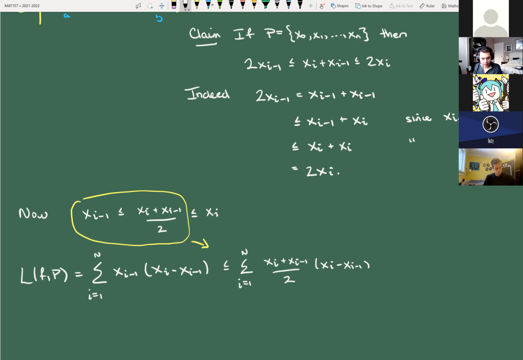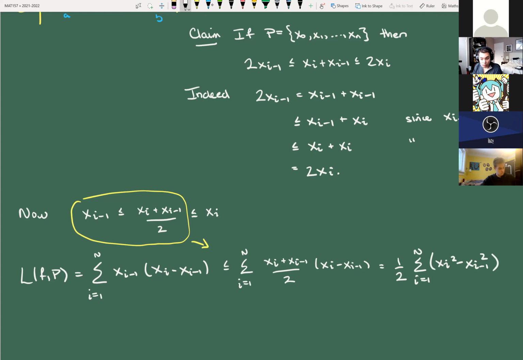And what we've got here is the factorization of a difference of squares, c plus d times c minus d. So if we simplify this, I can take the 1/2 out, sum from i equals 1 to n, and what do we get here? We get x_i squared minus x_{i-1} squared.